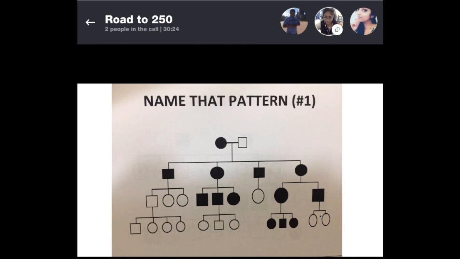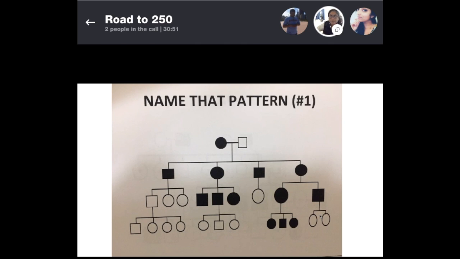But this one's kind of unique because, here, I guess the first rule is, are multiple generations affected? Yes, we see that, so we're thinking dominant initially. And then we can think about male-to-male transmission, but right off the bat, we're seeing a trend. Does anybody know what's going on in this pedigree?